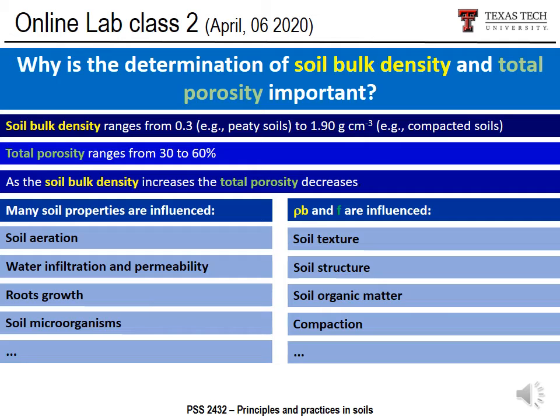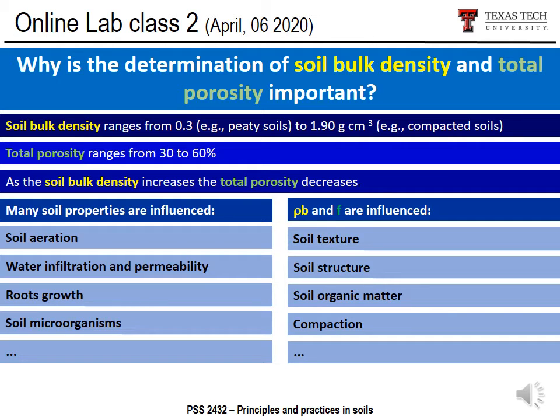And there are many soil properties and processes that occur in the soil and are influenced by soil bulk density and total porosity. For example, soil aeration, water infiltration and permeability, root growth, soil biota, among others. And also the soil bulk density and total porosity are naturally influenced, for example, by soil texture.